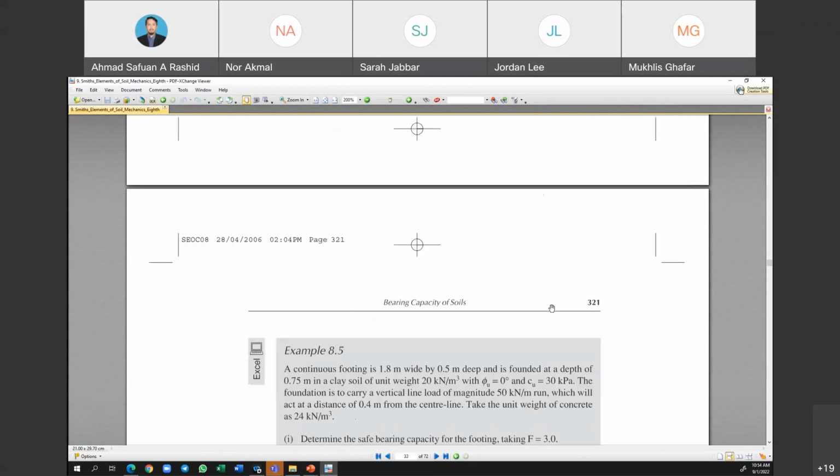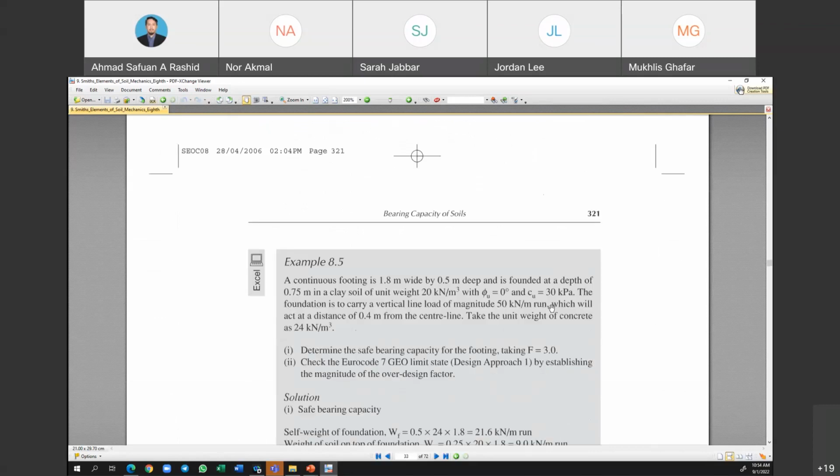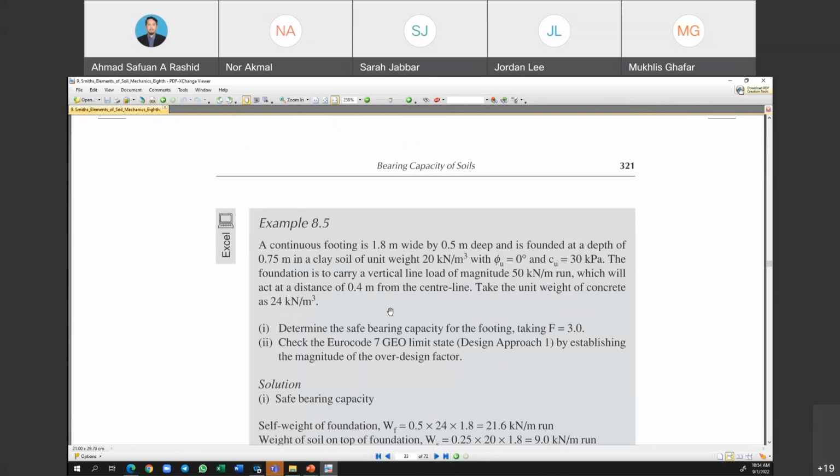So now we look at the example, based on the Eurocode and also based on the conventional calculation. A continuous footing is 1.8 meter wide by 0.5 meter deep and is founded at a depth of 0.75 in clay soil of unit weight 20, with phi equal to 0 and Cu equal to 30.